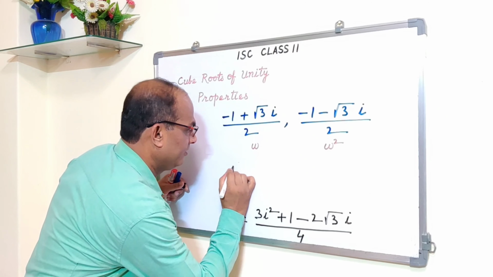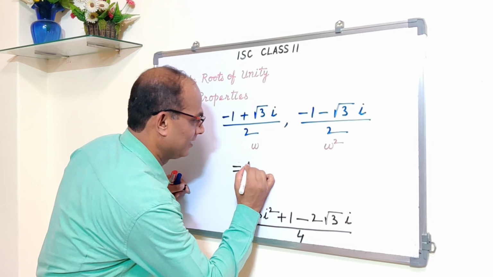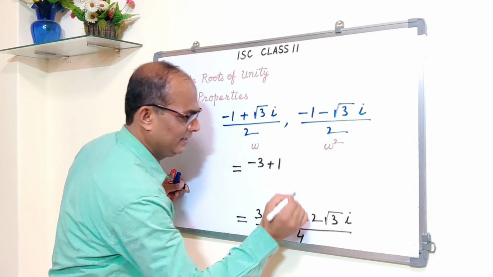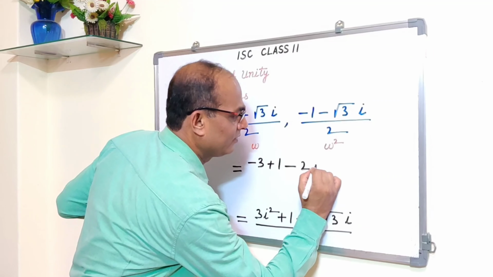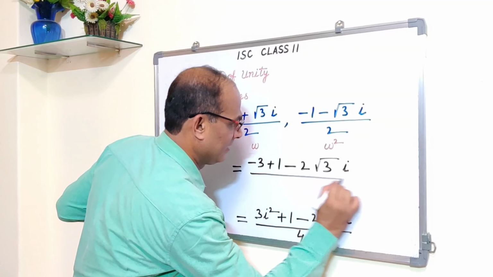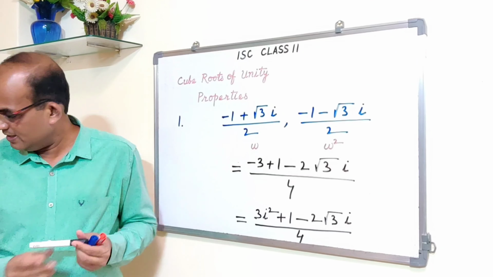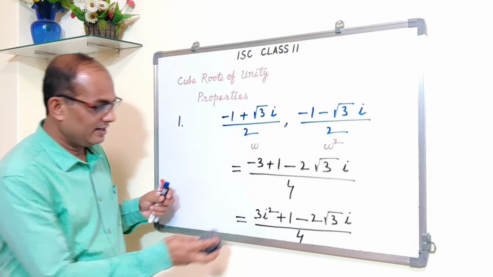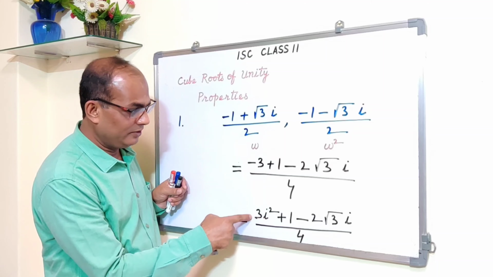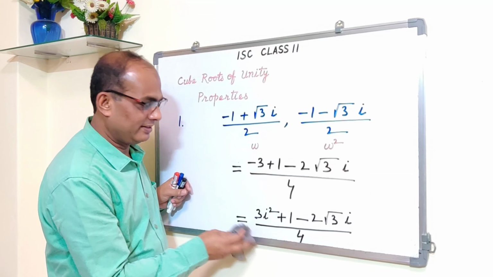So this gives you minus 3 plus 1 and minus 2 root 3 i, whole divided by 4. I square is minus 1, so minus 1 into 3 is minus 3, plus 1 as it is, minus 2 root 3 i as it is, and 4 as it is.